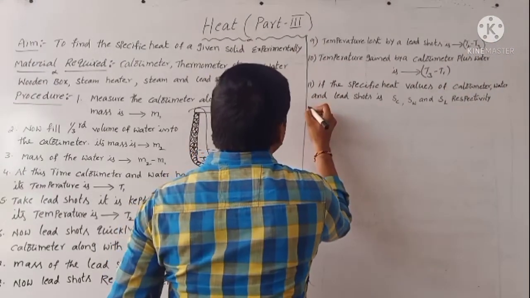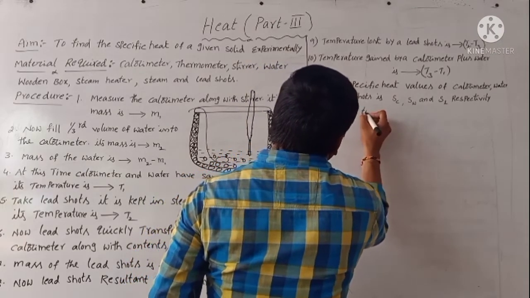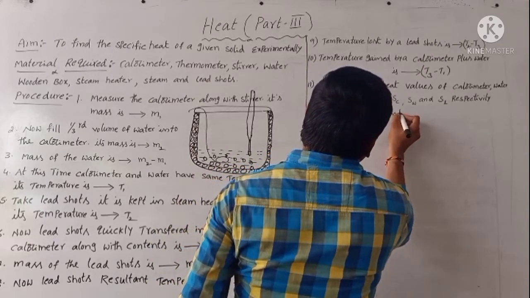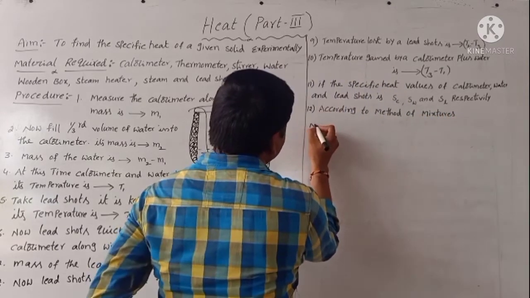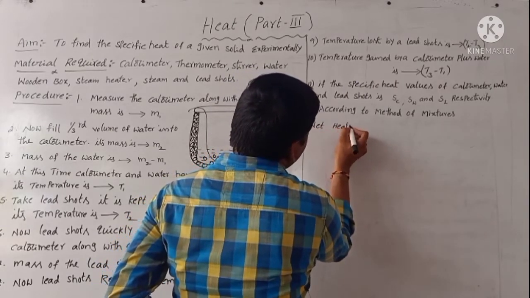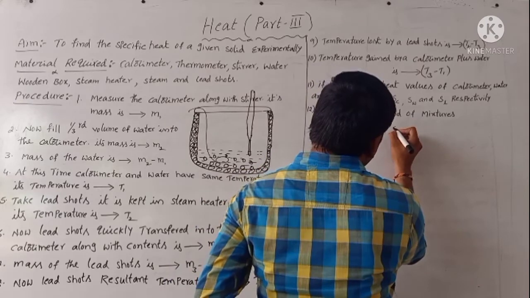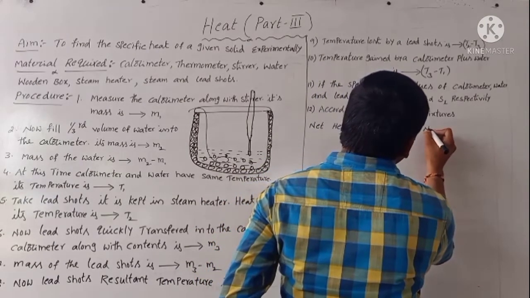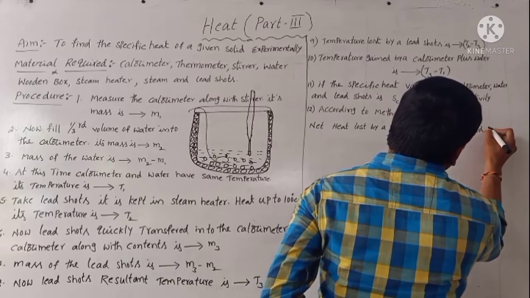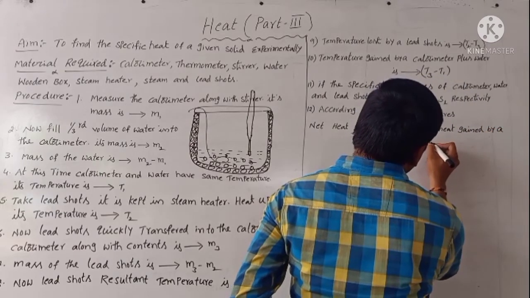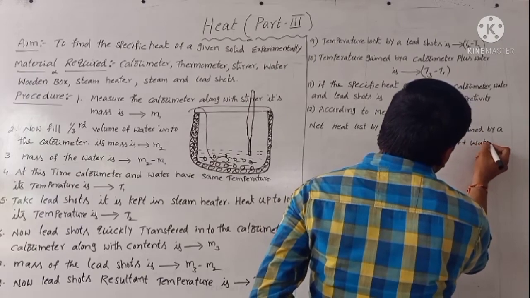Next, according to the method of mixtures, the net heat lost by the lead shots, or solid, is equal to the net heat gained by the calorimeter plus water.